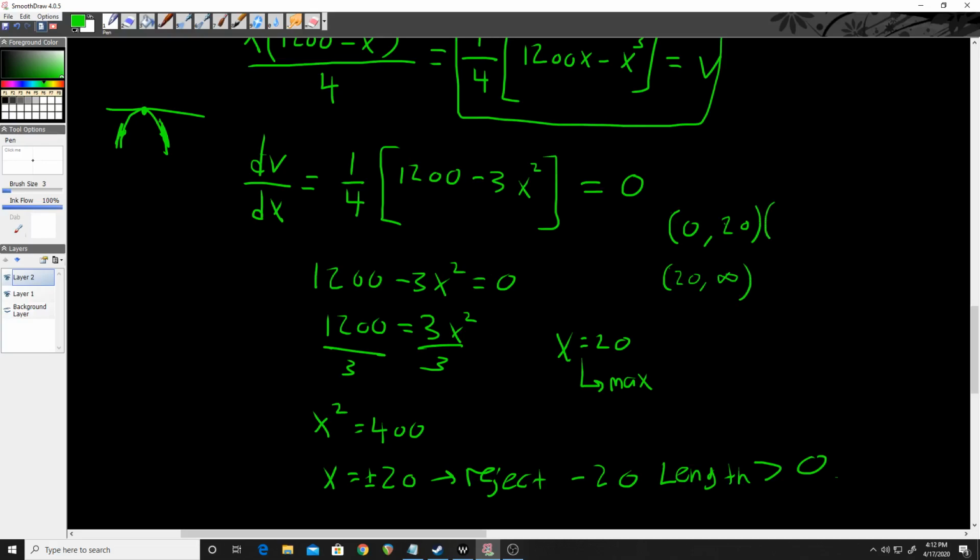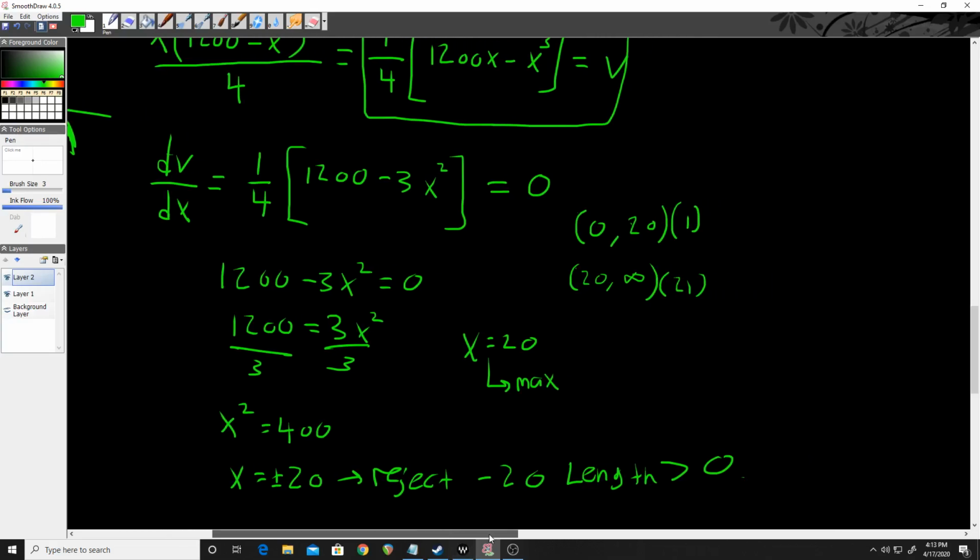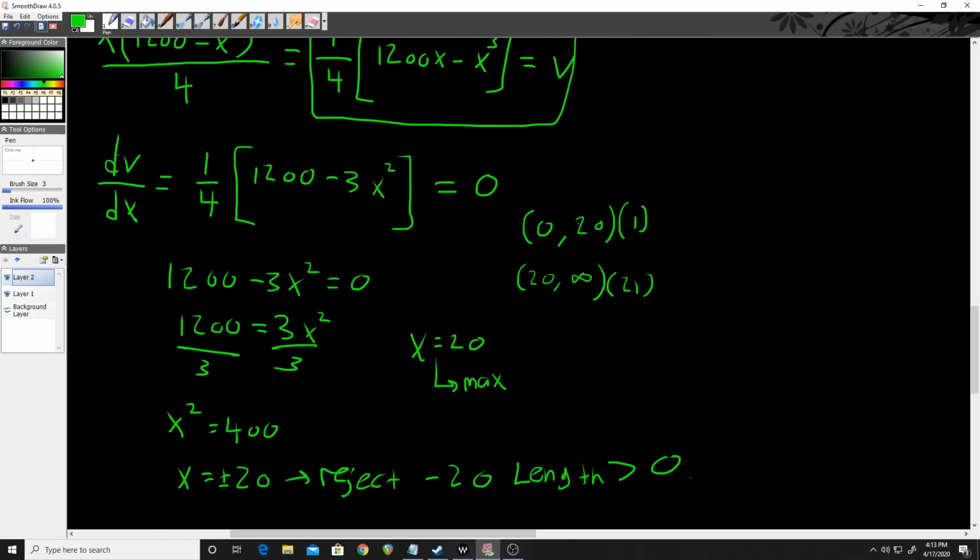Okay, so if I pick a number here, pick like 1. If I pick a number here, pick like 21. What I'm trying to show is that the derivative at 1 is positive, and that this one's negative. That's what I want for a maximum. Let's see if it's the case.